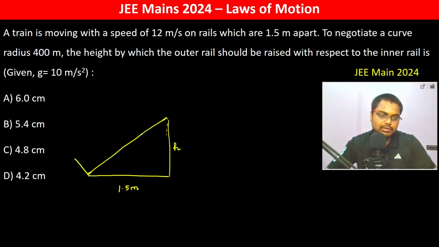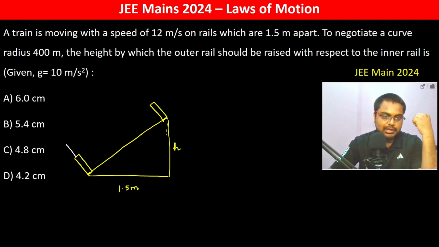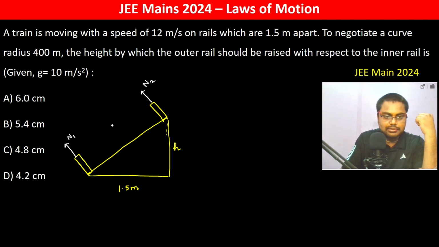So if you see, these are the wheels of the train. Now by which, okay, so we have to negotiate the curve, right? So now we can very clearly see, this is going to be n1, this is going to be n2, and the center of mass is here, so therefore mg is acting.